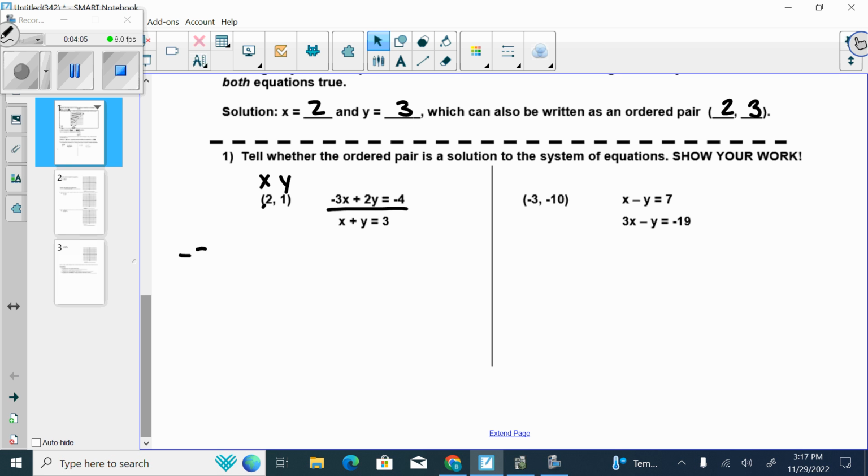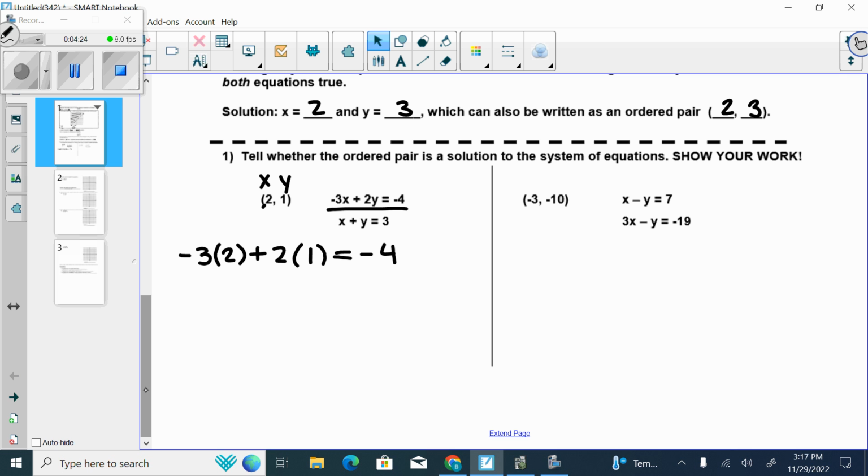So I've got -3. But what did we say we want to replace the X with? 2. Good. So -3 times 2 plus, then we've got 2 times, what do we want to replace Y with? Good. Is supposed to equal -4.